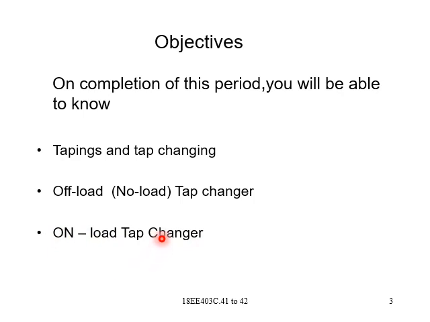Sometimes it may be done on load, and sometimes on no load. For flexibility, it may be done on load. For continuity of supply, sometimes it may be done with an on load tap changer also. So what are the advantages and disadvantages of both these, and why are tapping and tap changing done to a transformer? We are going to see all those things in this period.